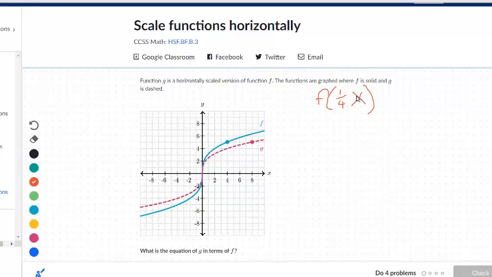Okay? So a way to think about it is that if I had an input that was at 20 and I'm stretching something so it's twice as big, something that's going to be a lot bigger, my new function is going to have that input at 20 now at 40 if we're stretching it wider.